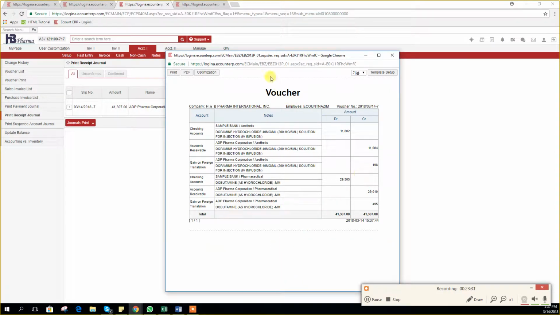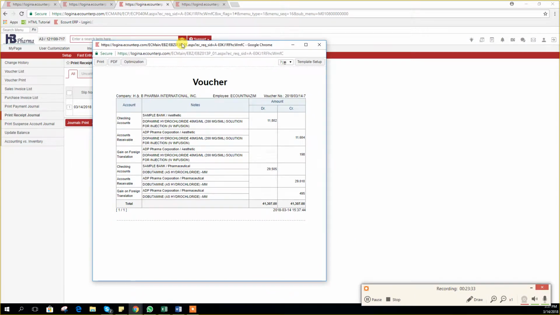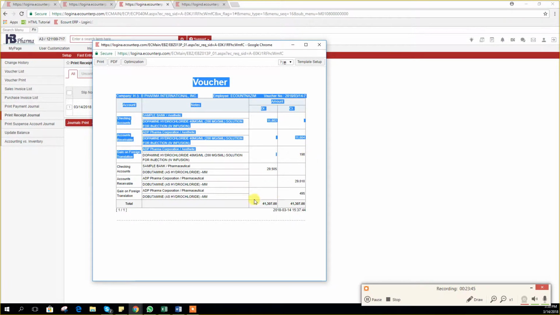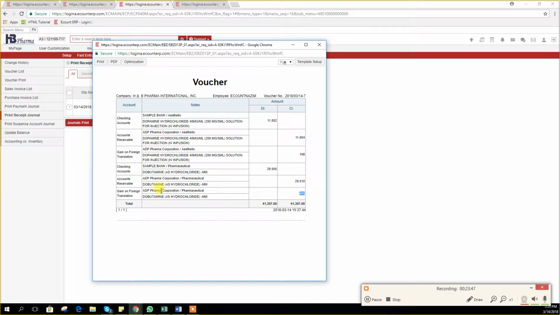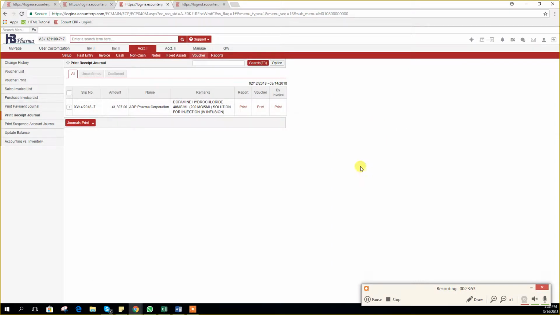Is this the correct accounting treatment? Yes, this is the correct accounting treatment. It takes into account your gain in foreign currency, this amount, for each of the transactions, just like that. Alright, that is dealing with foreign currency.